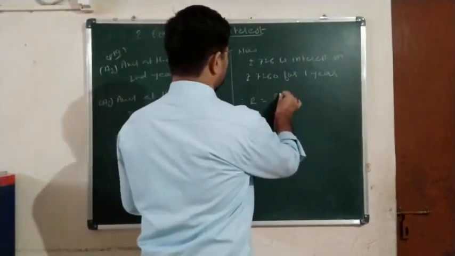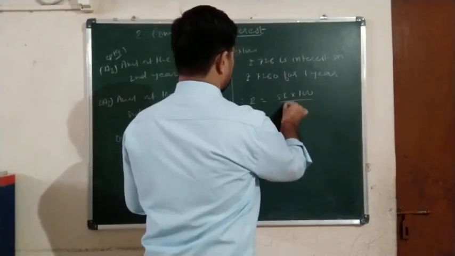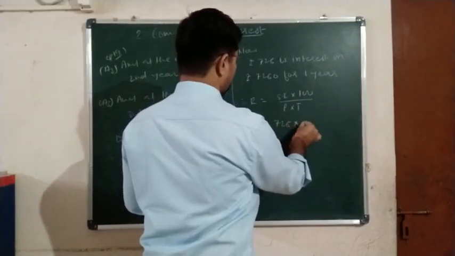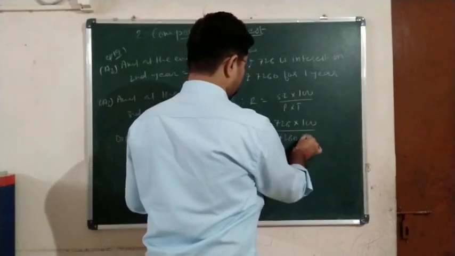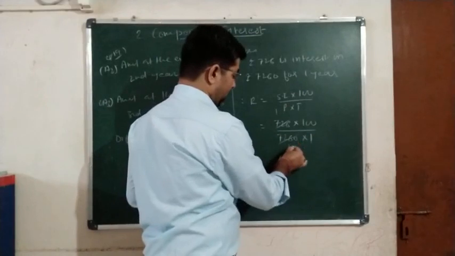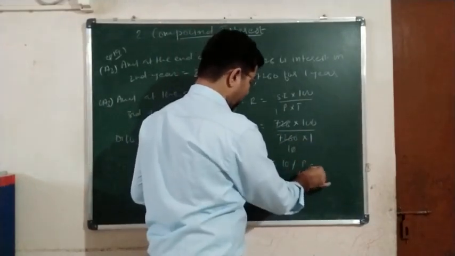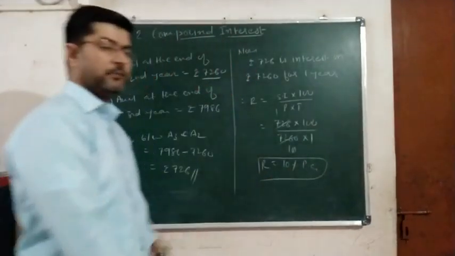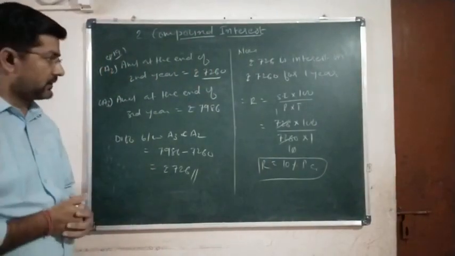Therefore rate is equal to SI or I into 100 upon P into T. Interest is 726 into 100 upon 7260 into time is 1. 726 ones are 726, tens are 7260, and this 1 0 will get cancelled. So we will get the rate to be 10% per annum.